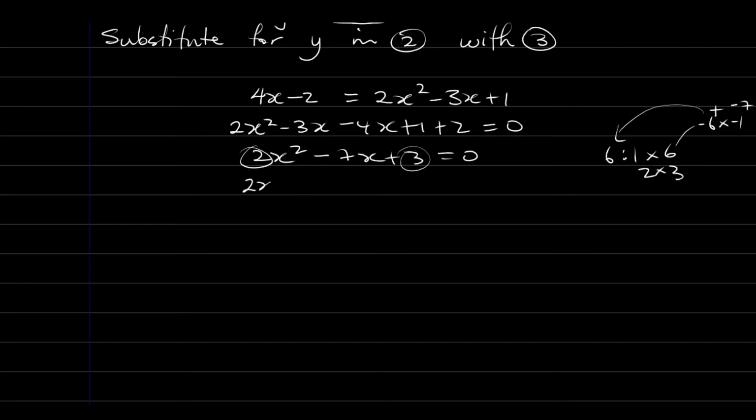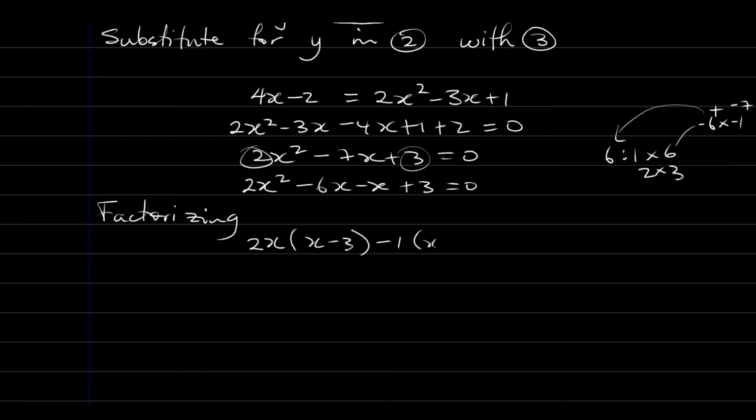I can say 2x squared minus 6x minus x plus 3 equals 0. Factorizing is what I'm doing. So it's 2x into x minus 3, and I'll say minus 1 into x minus 3 equals 0. And I'll have x minus 3, then I'll have 2x minus 1 equals 0, and that there are my factors.